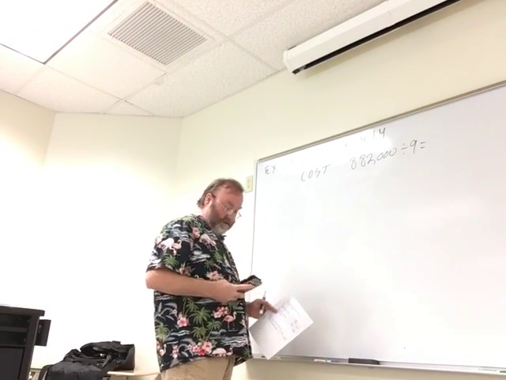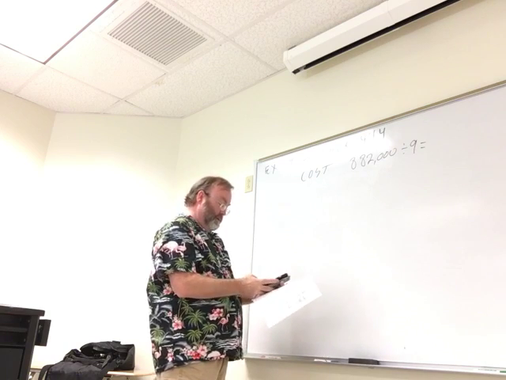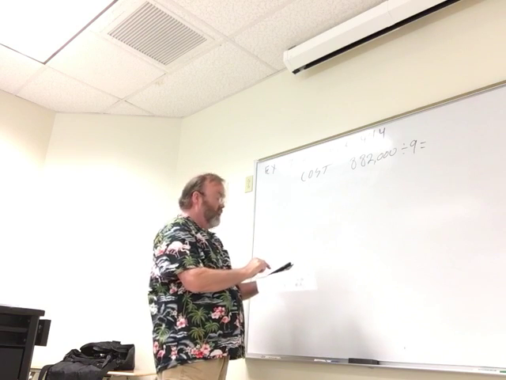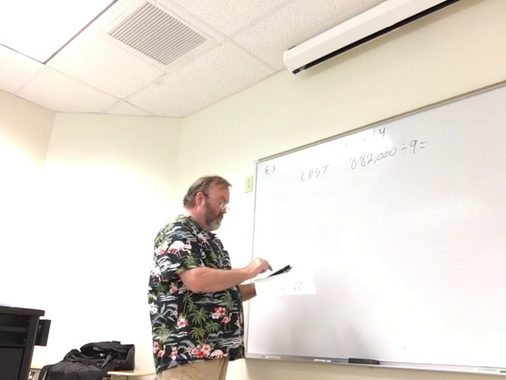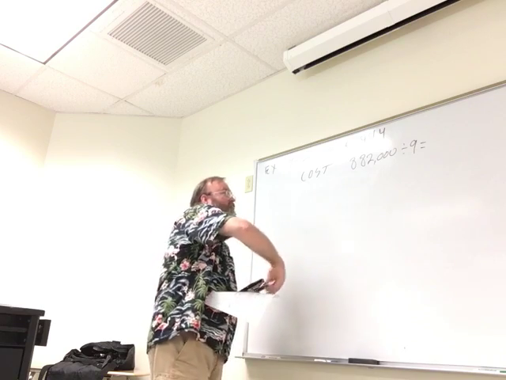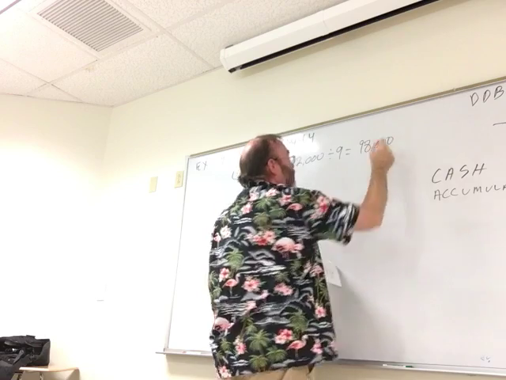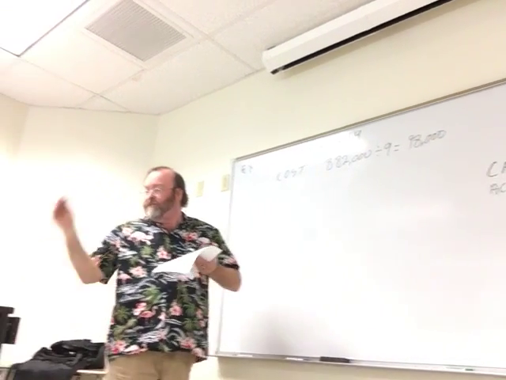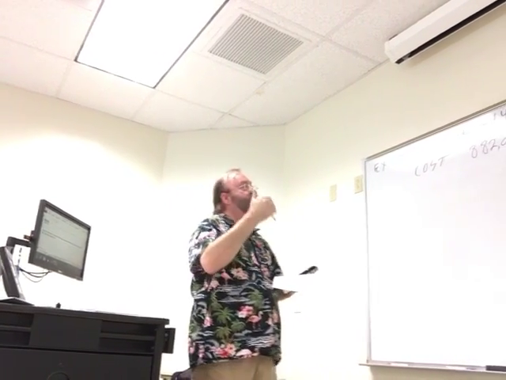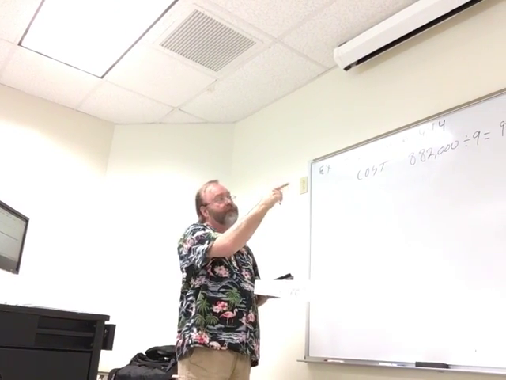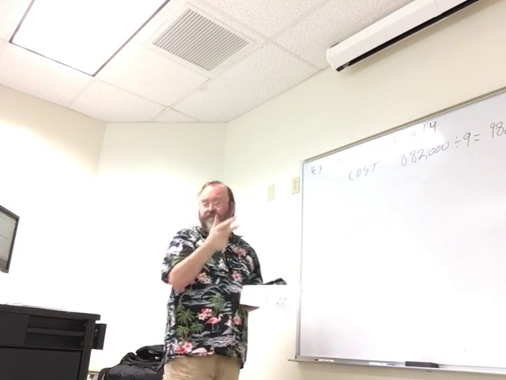Let's do the math. $882 divided by 9, $98,000. That was at January 1, 2013. So we depreciated it, amortized it. Amortization of $98,000 for 13, 14, and 15.